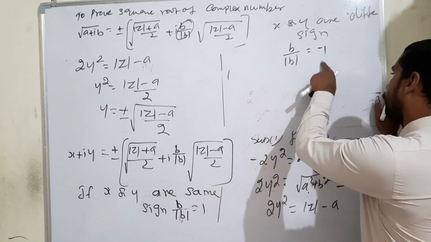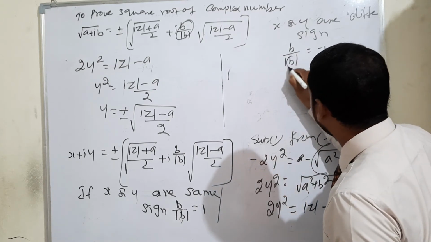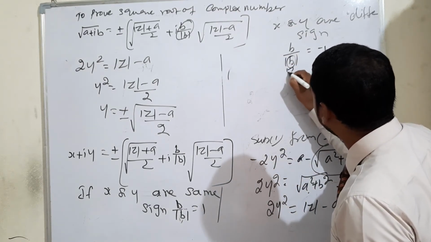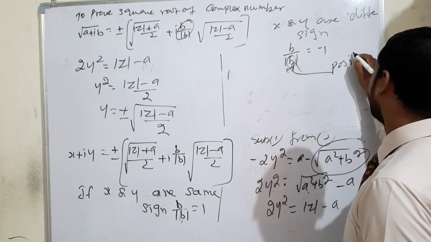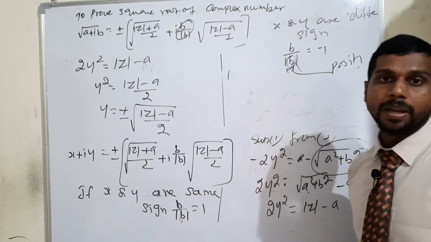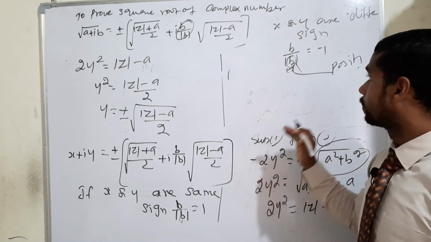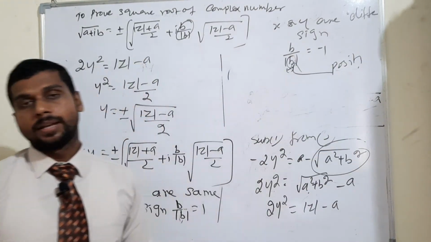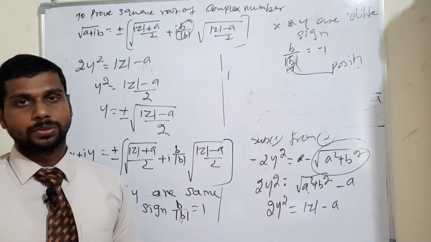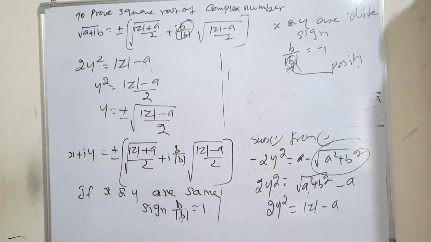So negative will come, and that's why, instead of b, if you take any negative value and remove the modulus, definitely that value will also be positive. That's why we are considering b by modulus b. According to the value, the sign will change. You will understand it more when we come to the example and exercise. Okay, keep in touch.